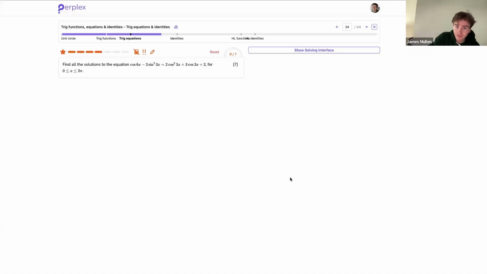But I have cos of 6x minus 2 sin squared of 3x. Well, hang on, we don't have the double angle identity yet, so we really shouldn't be doing this. I'm still going to show you how to do it, just so that we have done this question, but we haven't actually introduced this identity yet.